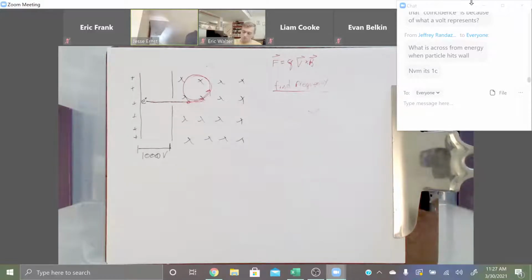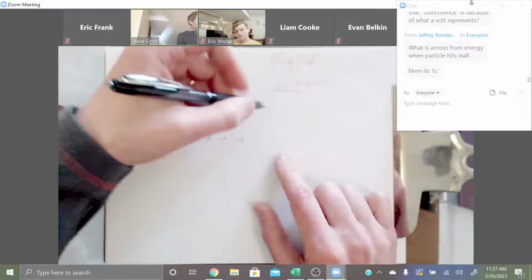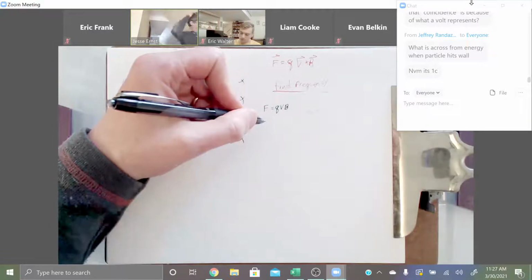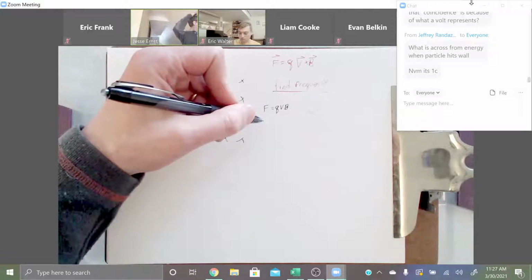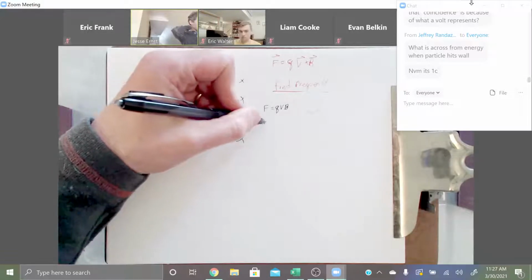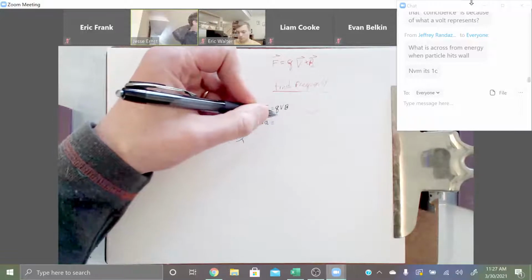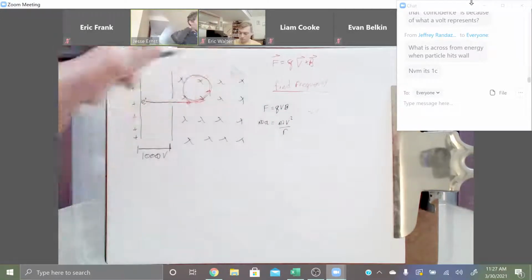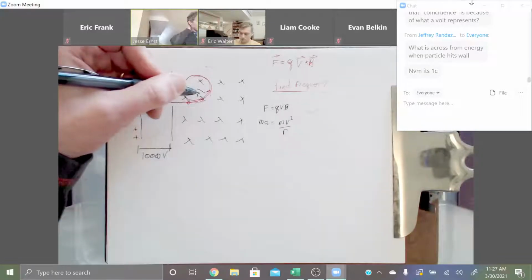So we're going to go back to what we did before. We know that the force on it is Q times V times B. And we also know that mass times acceleration has to be equal to m times v squared over r, where r is the radius of the circle.